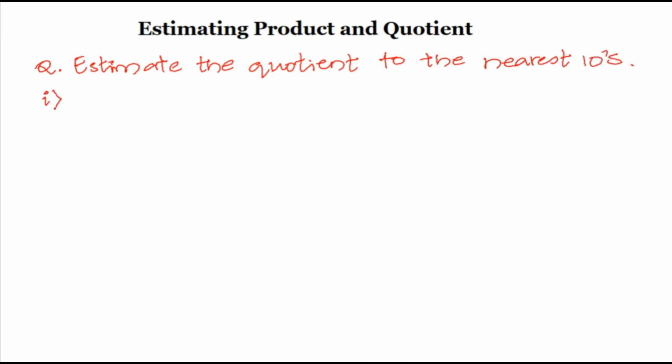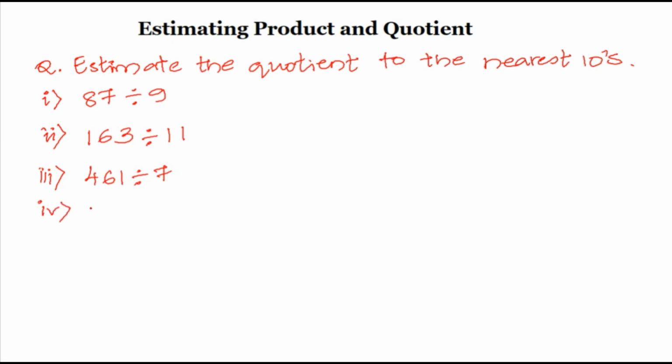In that first one, 87 divided by 9. Second one, 163 divided by 11. Third one, 461 divided by 7. Fourth one, 1223 divided by 17.